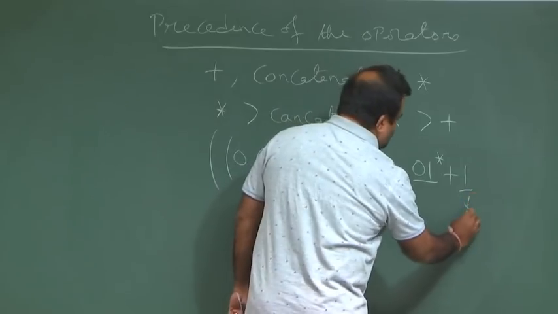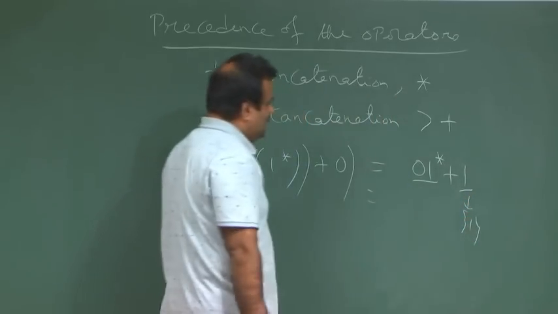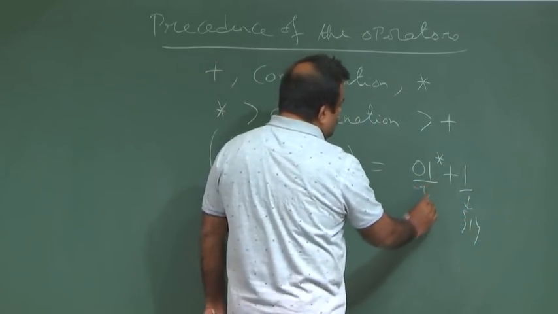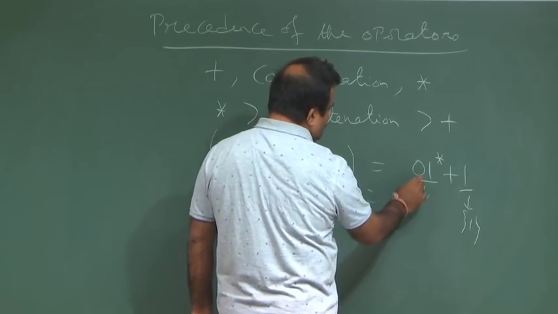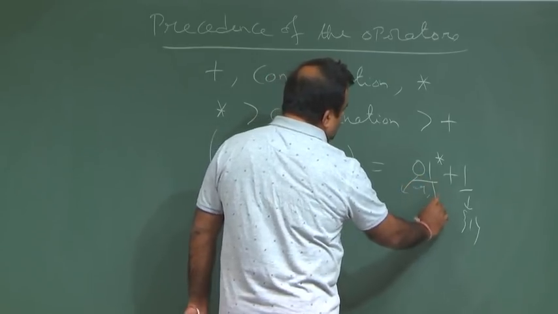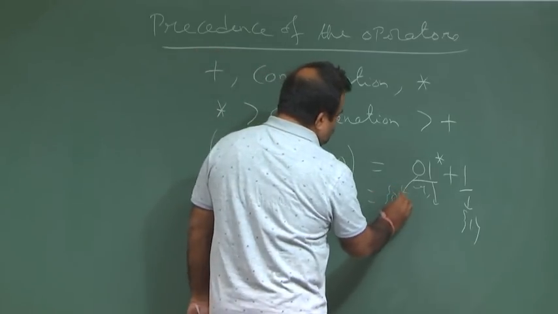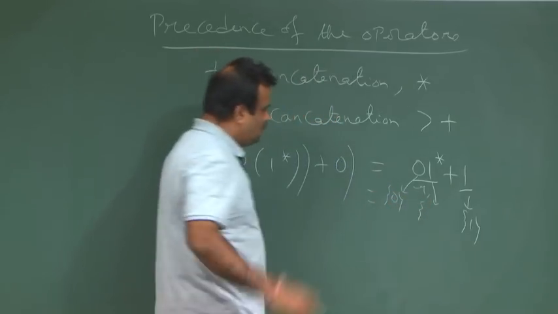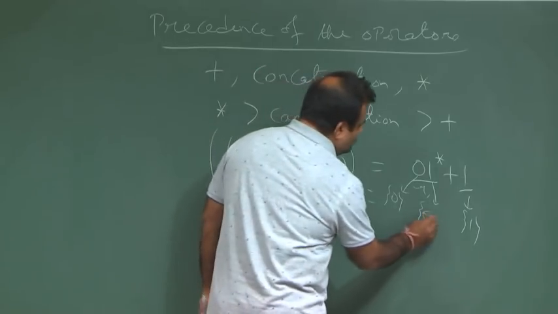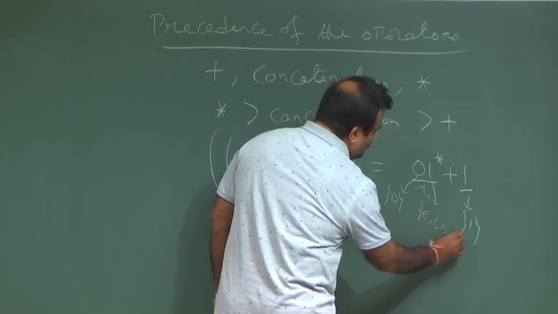So, this will correspond to 1, and again R 2 R 1 we can write as a product, like 0 and this, the concatenation. So, this is corresponding to 0 and this is corresponding to epsilon, 1, 1 1, like this set.